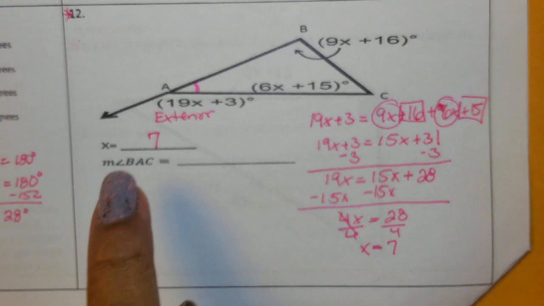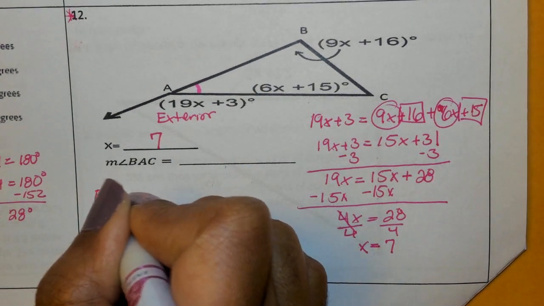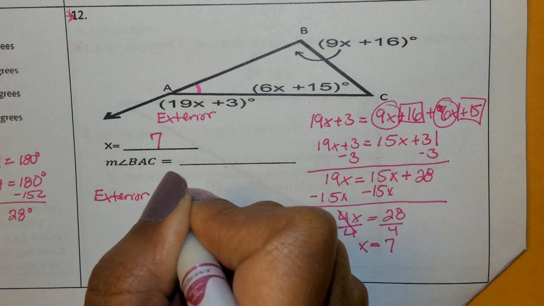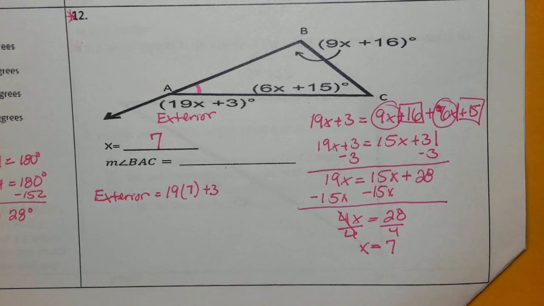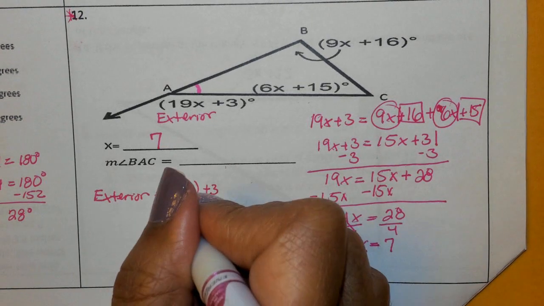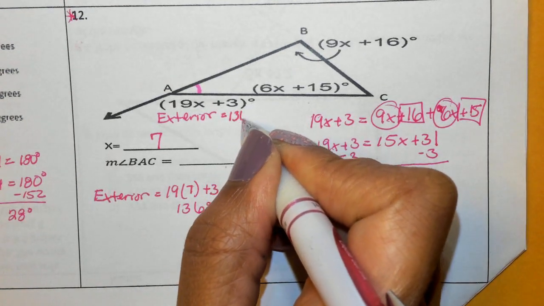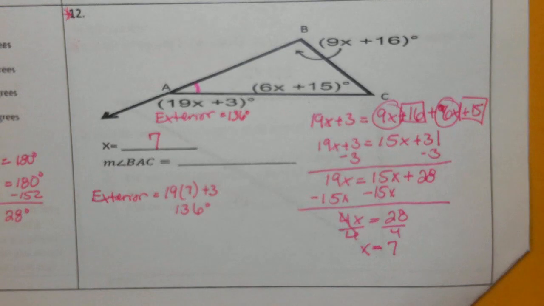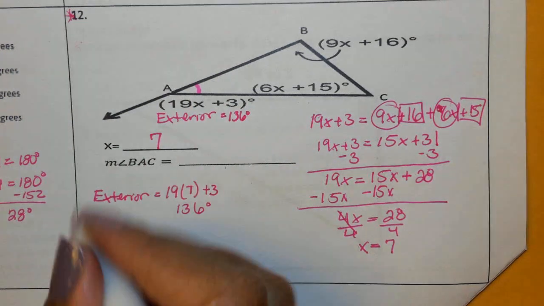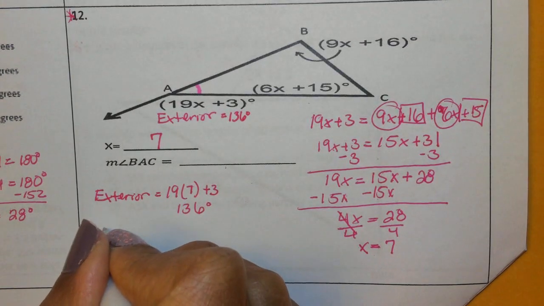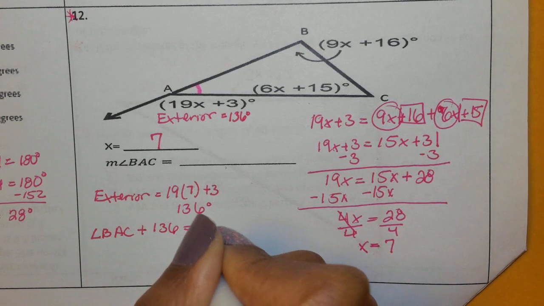So first, before we do anything, we need to know how much this exterior angle is. So the exterior angle is going to be equal to 19x. We know that x is 7 plus 3. Okay, and doing that math, we should end up with 136. So this exterior angle is 136 degrees. All right. To go ahead and solve for this, we know that angle BAC plus the exterior angle of 136 is going to equal 180.